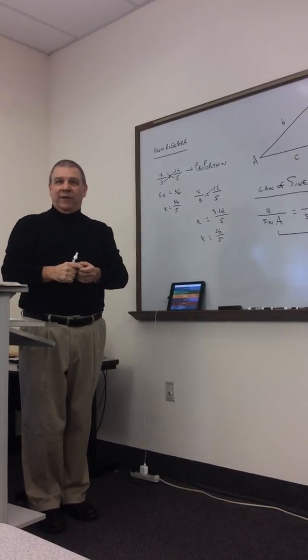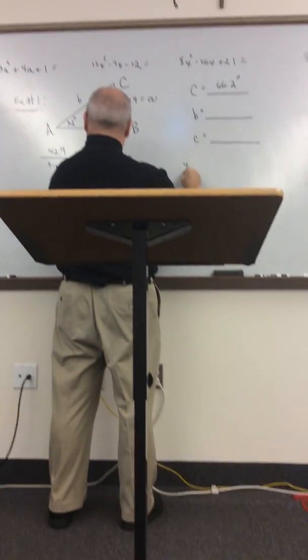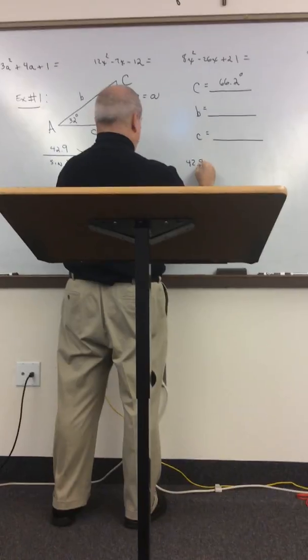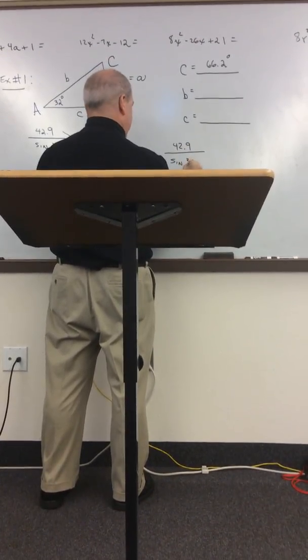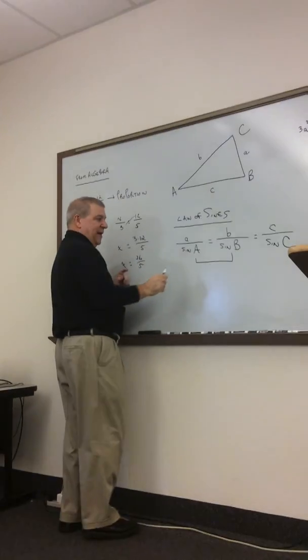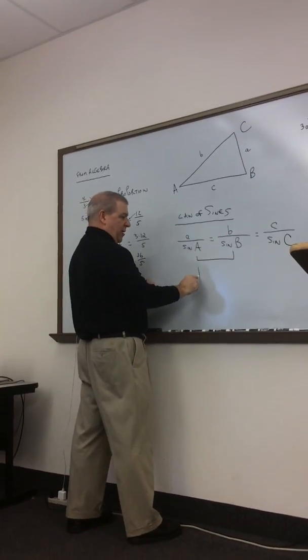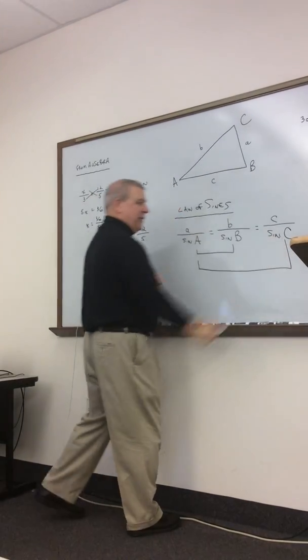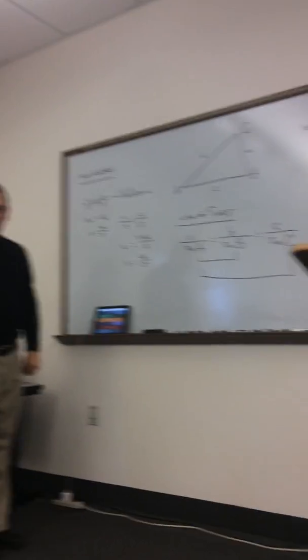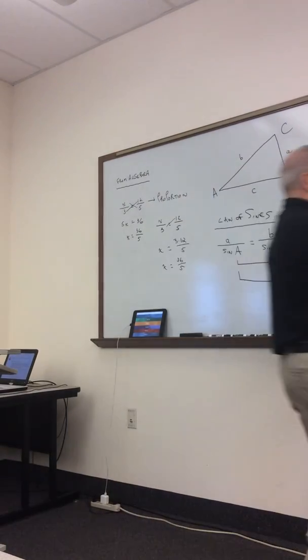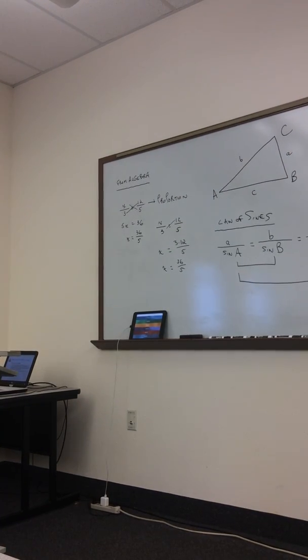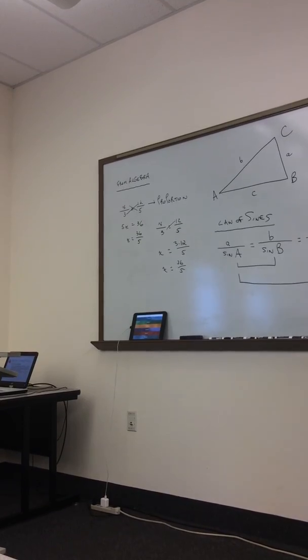Adam. Okay, so it's going to be, now go right next to this, A over the sine of A equals, now look over here. Now I want to find side C. So I'm going to use this one with that one. Are you with me here? I'm just setting up little proportions. So this will be side C over what?